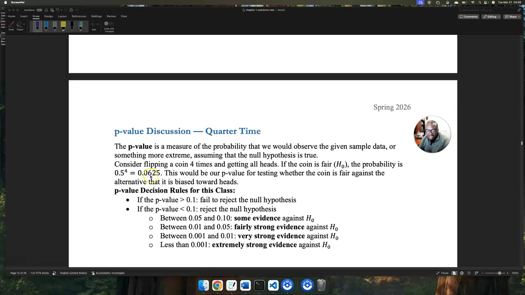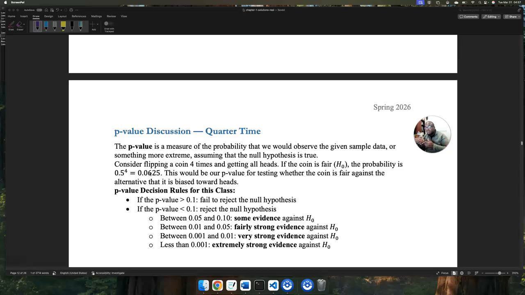This is the likelihood of us flipping heads 4 times. Is this likely? I would argue that this is unlikely. This is 6% of the time of this actually occurring. Okay, this is a very unlikely occurrence, and it's more like if a p-value is smaller than, let's say, 0.06, this is a really unlikely event.